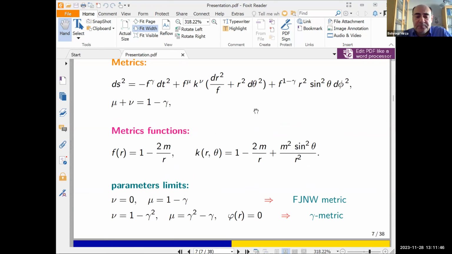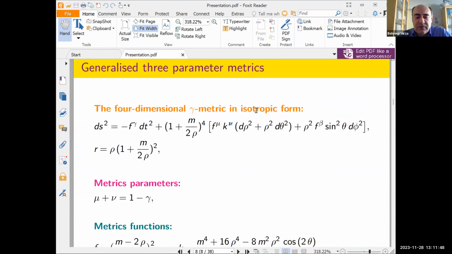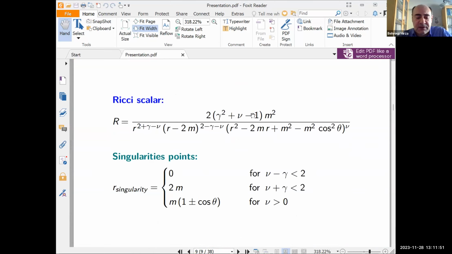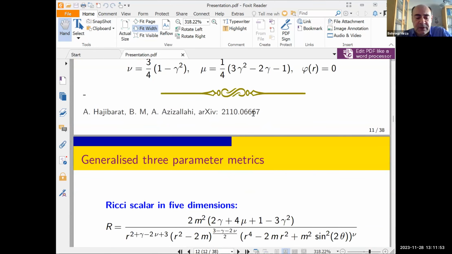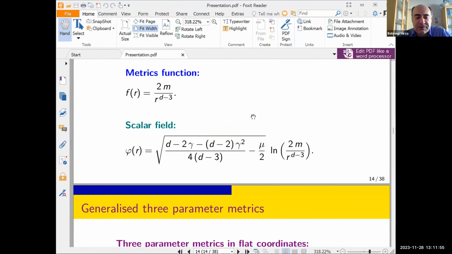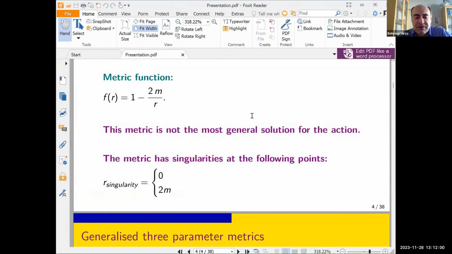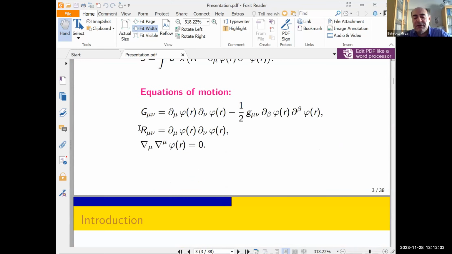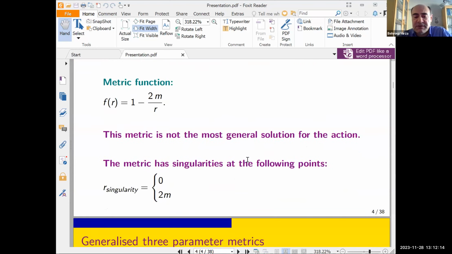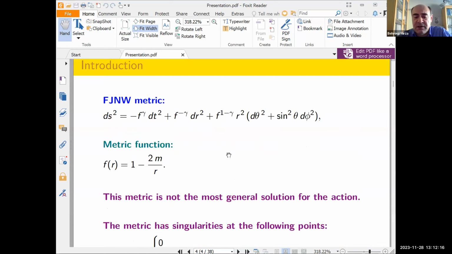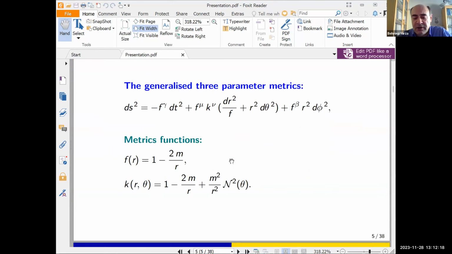In here, what we can show is that the Ricci tensor exactly satisfies this equation, and all other components of the Ricci tensor are equal to 0. Therefore, the only thing that we can say about the Einstein equation is R, R, R. This part of the Einstein equation depends on phi.